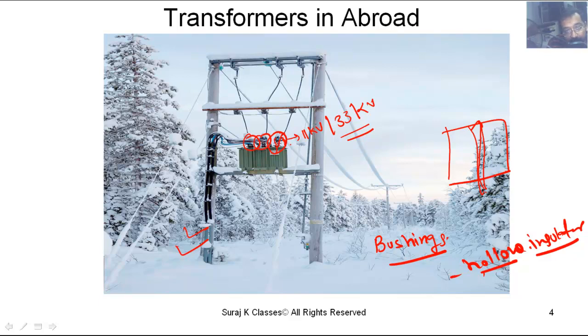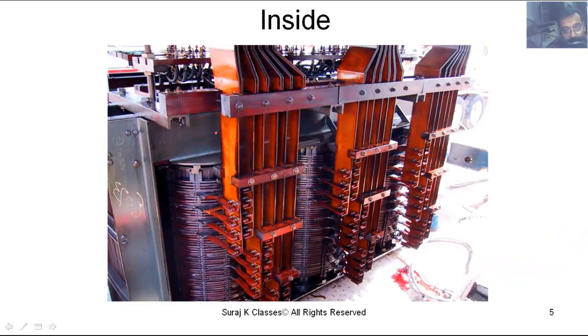So these bushings are kept here just to provide insulation to the conductor passing through them, and you don't have any sparking through the surface of the transformer or anywhere. So I hope the bushing concept is clear. There are some other devices connected to the transformer that are not applicable to this distribution transformer, which I will also cover in my videos onwards.